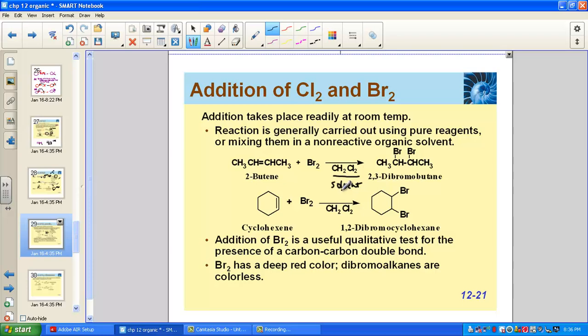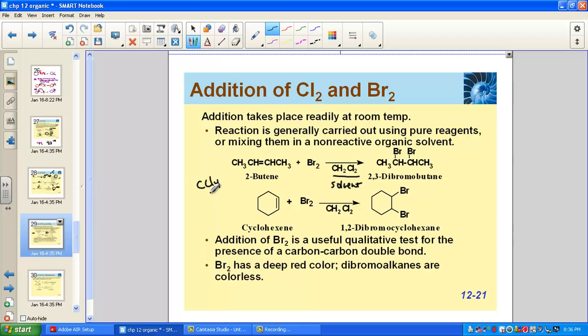It's quite common to use this sort of reaction in a qualitative analysis test for the presence of some sort of alkene. If we dissolve bromine in a solvent such as carbon tetrachloride, another organic nonpolar solvent quite commonly used in the lab, we'll see that it turns red, and that red is a telltale sign of bromine.